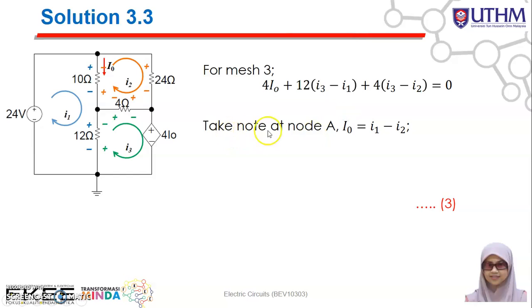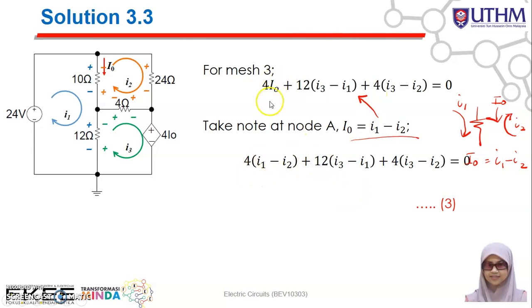Right, then after that, you take note, at node A, here you have I0. I0 will be equal to I1 minus I2, because you have a resistor here, this is my I0, and I0 will be in the same direction as I1 and I2. So I0 will be equal to I1 minus I2, so we substitute this into the above equation, right?